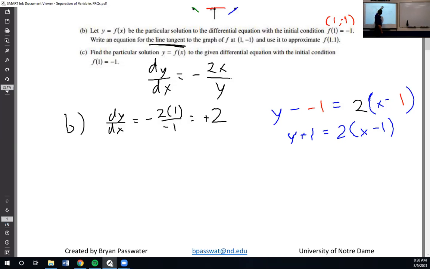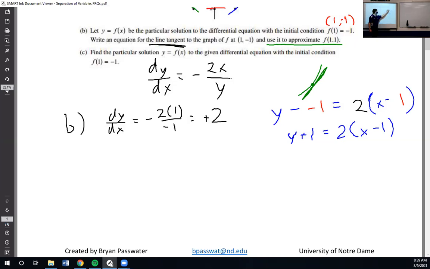And then it asks us to use it to approximate f of 1.1. So the idea is that, since our slope is 2, our curve looks something like this at that point. Might look something like that. We're saying the slope of the tangent line is here.